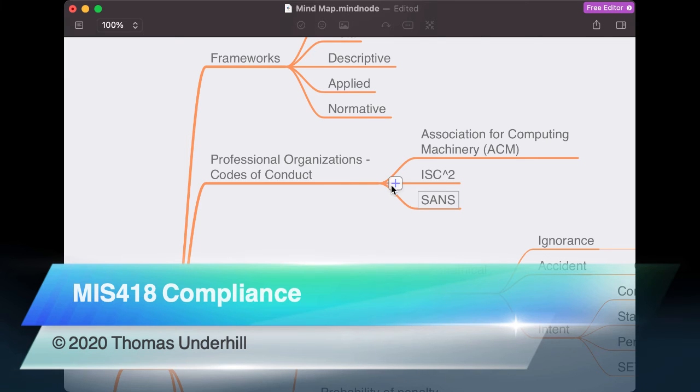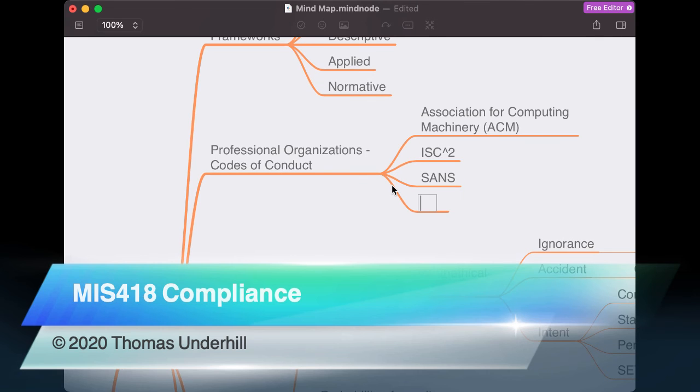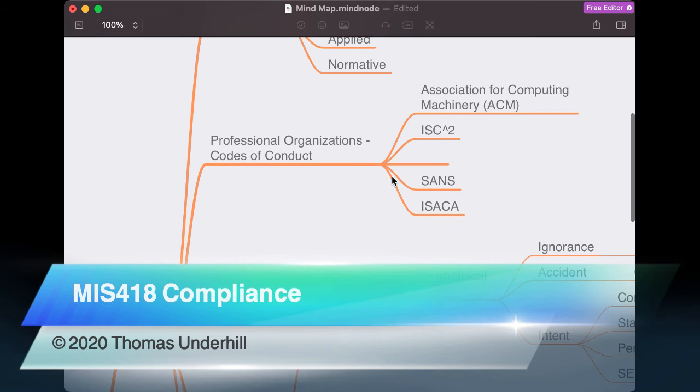If you come from the accounting world, you might be more familiar with something like ISACA. And then we also have the Information Systems Security Association, or ISSA. These are all different examples of organizations that have codes of conduct.